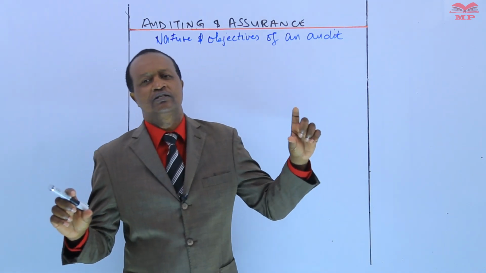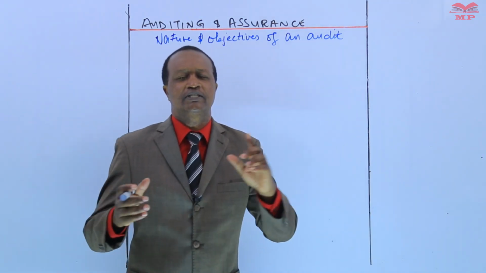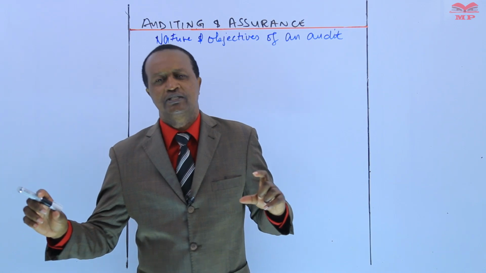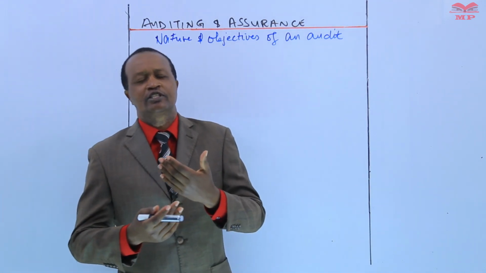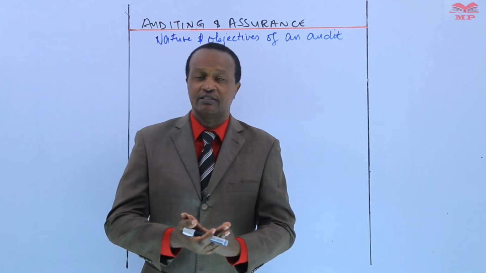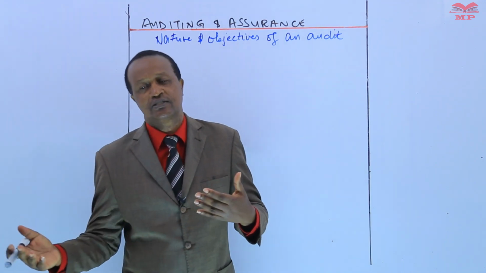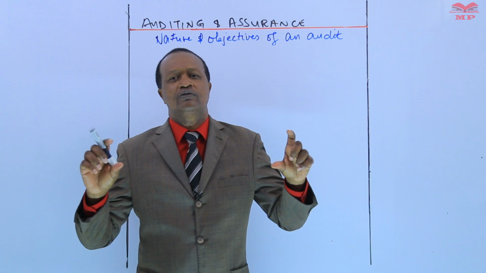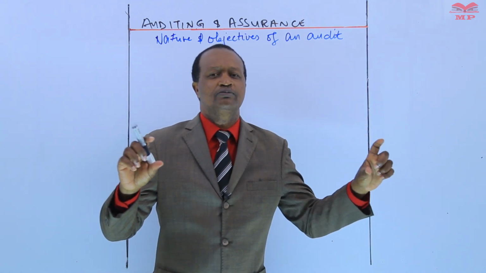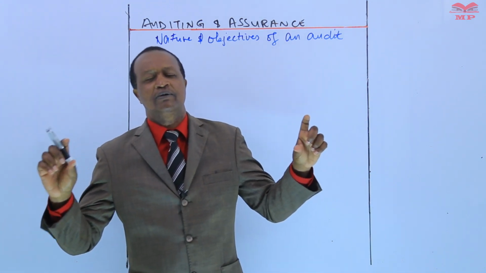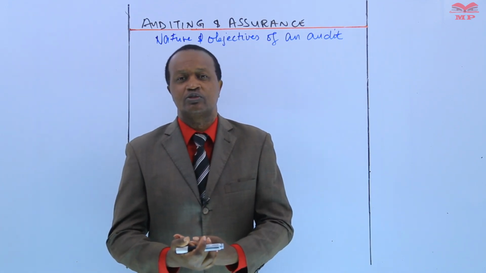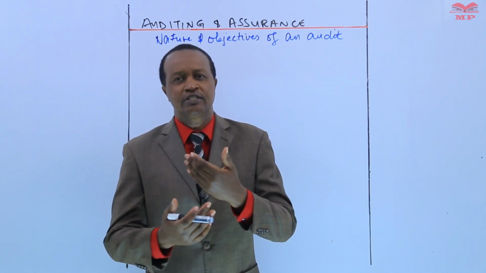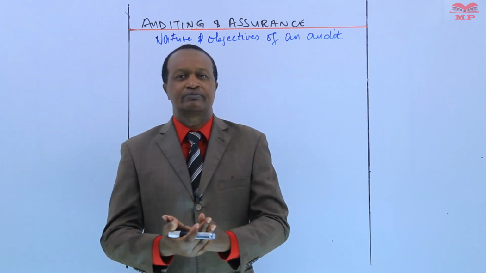The owners are the first party, the managers the second party. The owners delegate the responsibility of running the company to the managers, and therefore ownership and management are separate, which in our last session we saw poses the agency problem.